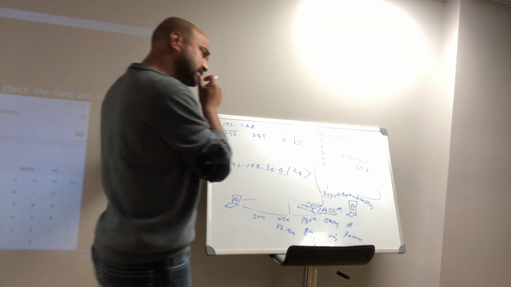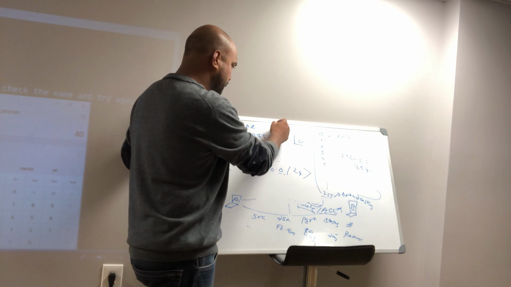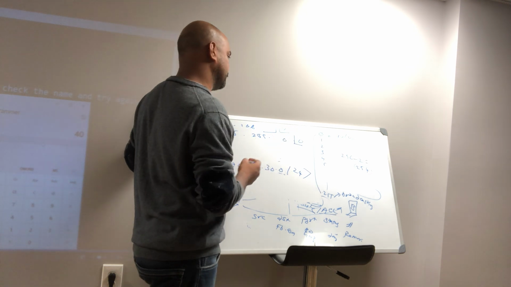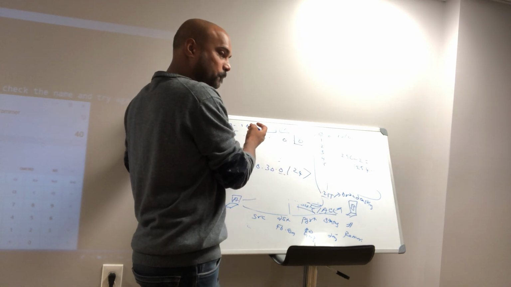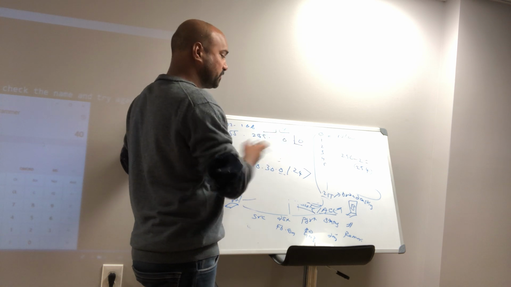The last octet is controlling that because the network ID is this part and that part is a host ID.